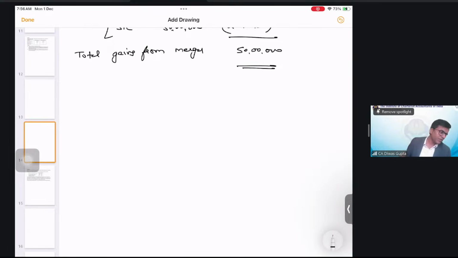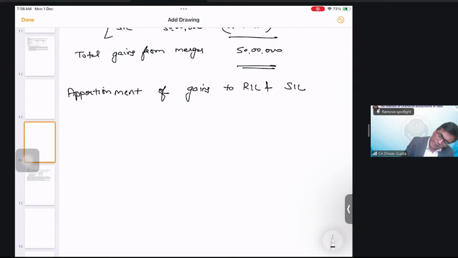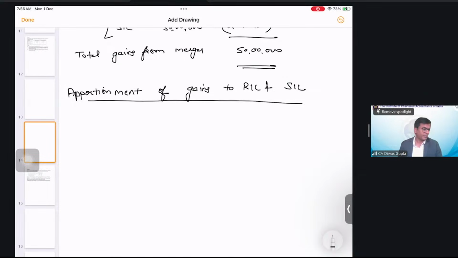Both ways are correct, whichever way we want to do. So the apportionment of gains to RIL and SIL, post merger market value.